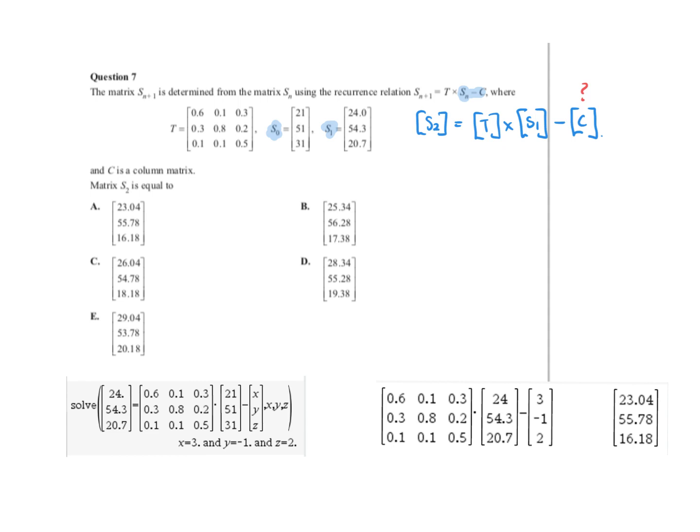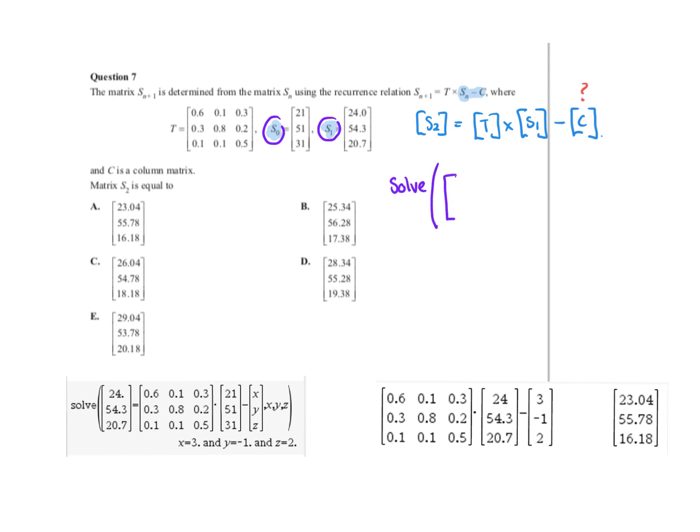Now, because I have 2 in a row, I can actually set that equation up and use solve in my calculator. So I've shown you over here. So what I'm doing is I'm going to say solve, and I know what S1 is.